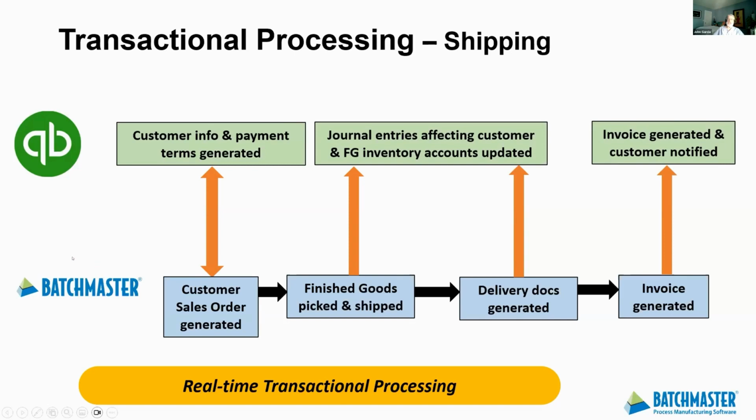They can come from EDI, e-commerce, POS, and our own sales order portal. All that feeds into the order pool from which orders are generated. You can go through order fulfillment, delivery documents, invoices, and again, we're going to be updating that information over here into QuickBooks. Okay.